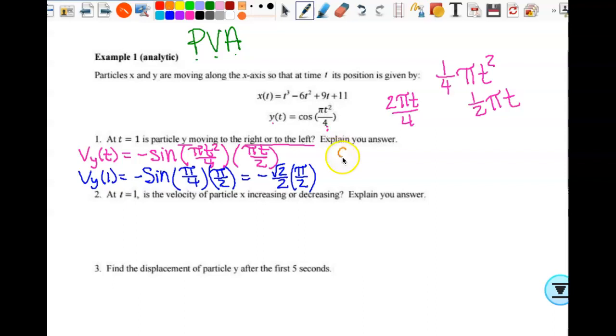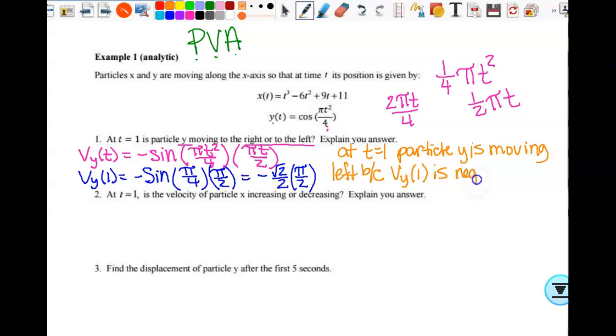So I can say at t equals 1, particle y is moving left because v sub y of 1 is negative. I could say it is less than 0. I could say the velocity at 1. I could say a whole lot of things there.